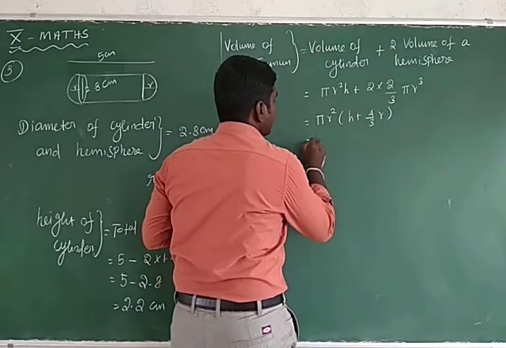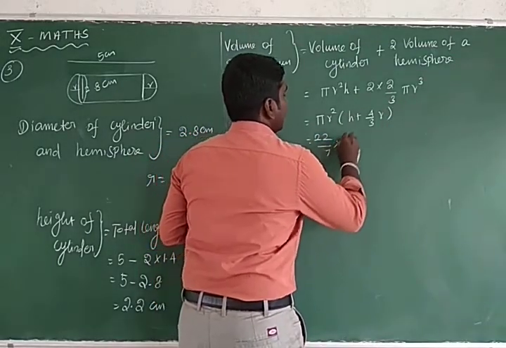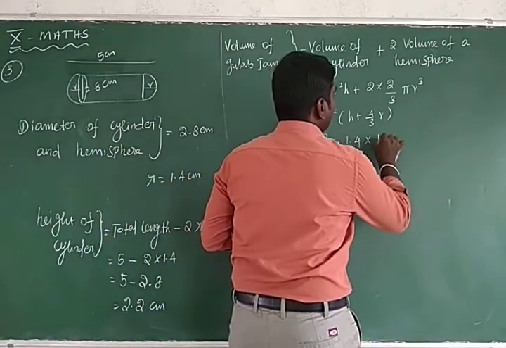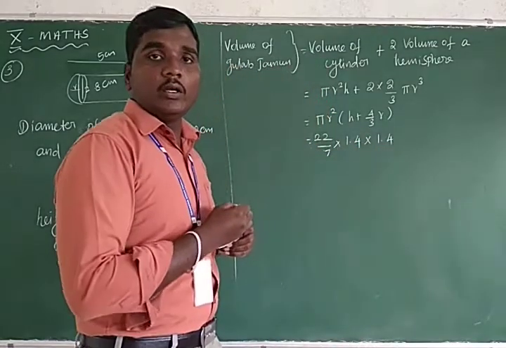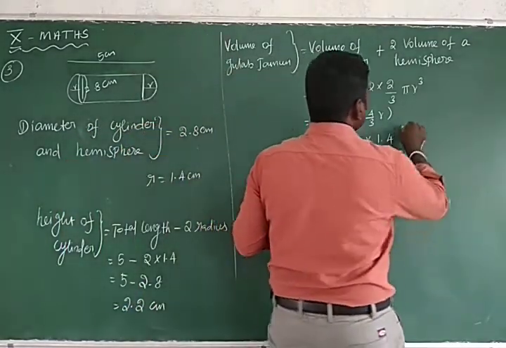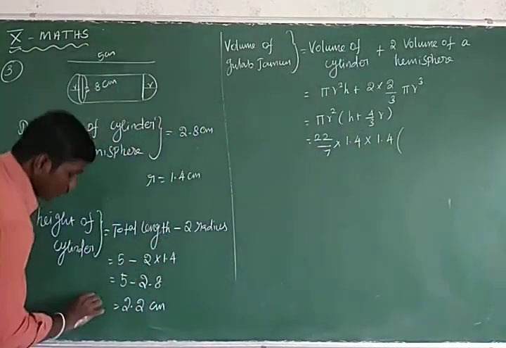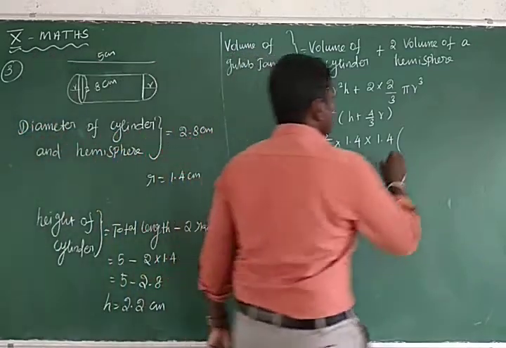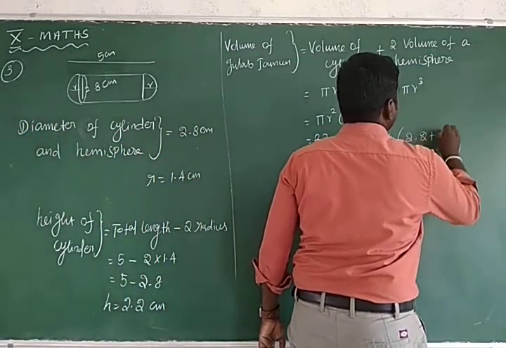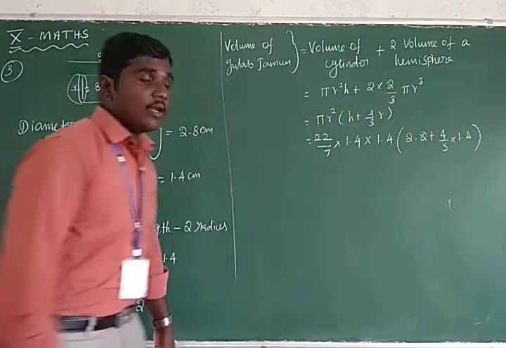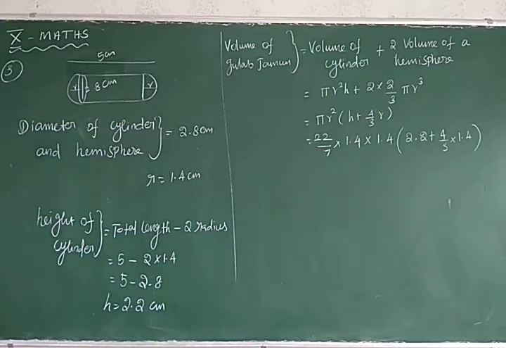Now substitute the values: 22 by 7 into 1.4. Radius squared means r into r, 1.4 into 1.4. Then the h value is 2.2 centimeter, as cylinder height is 2.2. So 2.2 plus 4 by 3 into 1.4. So 22 by 7 into 1.4 into 1.4.